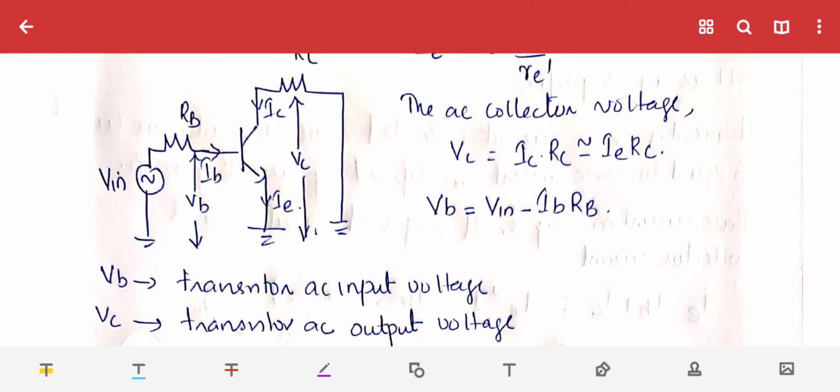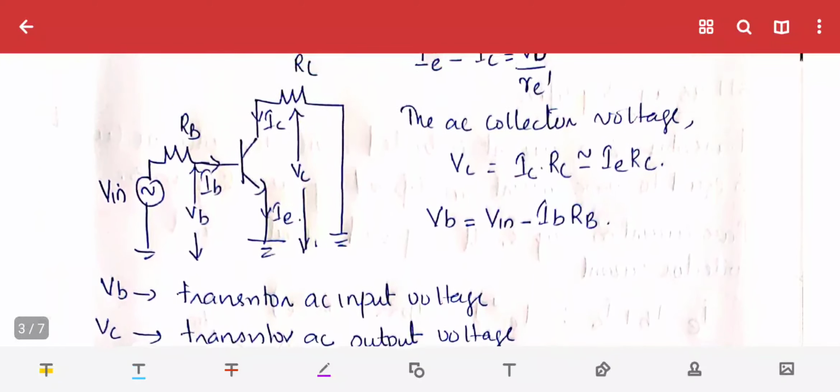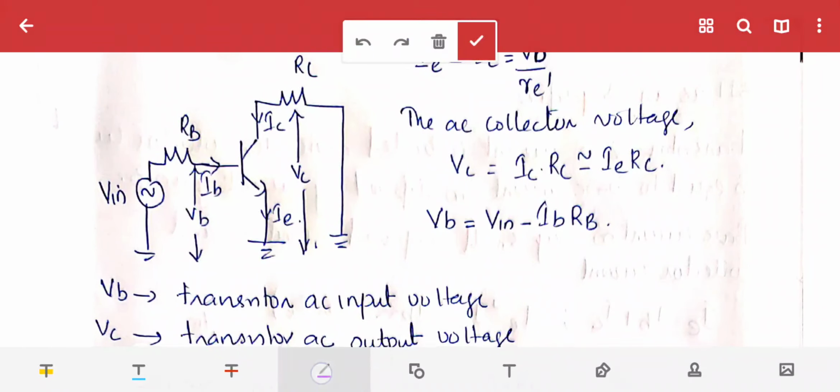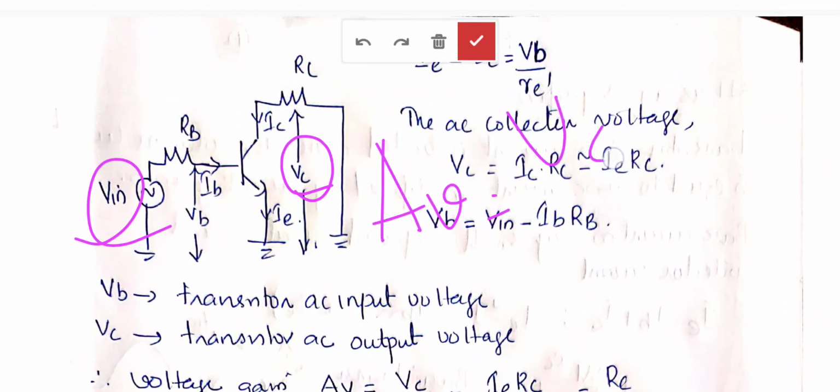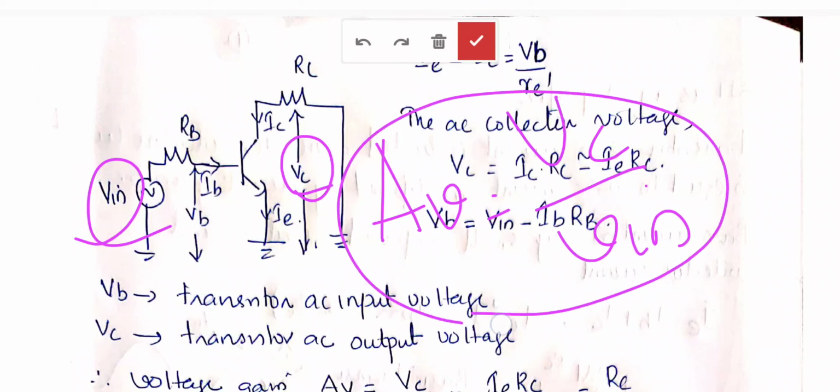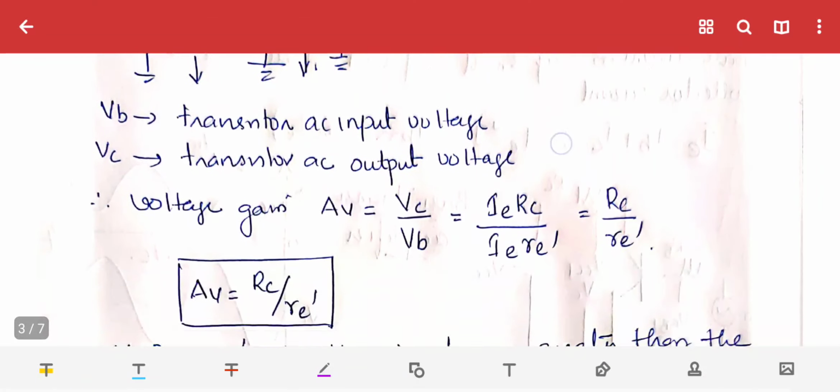So for an amplifier circuit, what is the output voltage? Output voltage is nothing but VC. What is the input voltage? For an amplifier, the input voltage is Vin. So voltage gain AV is equal to VC divided by Vin. So we have to get an expression for this one.